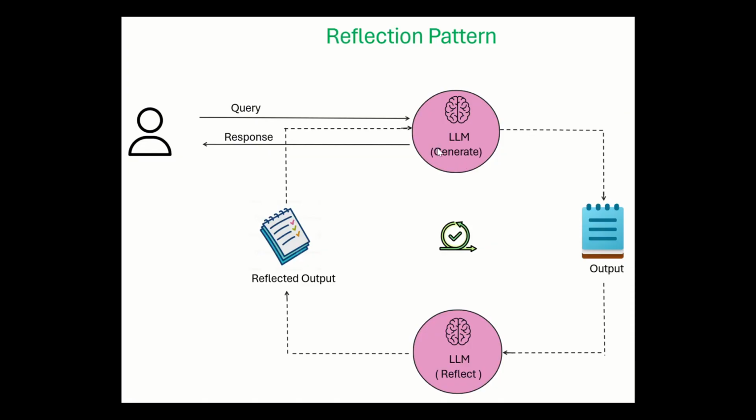Here, the model first generates an answer, then it pauses and reflects. Is this answer that I generated clear, correct, and grounded? If not, then it revises its answer. Usually, one or two passes are enough.